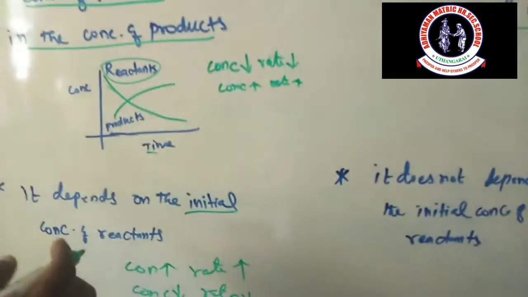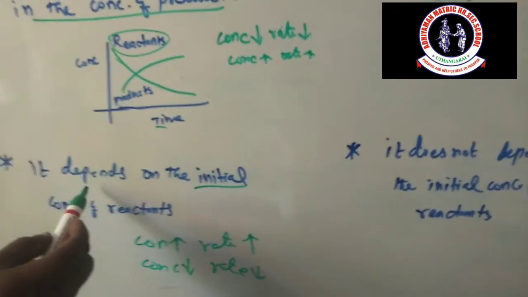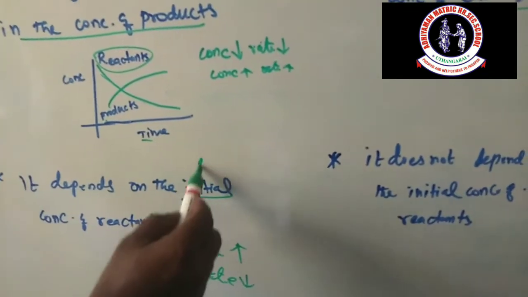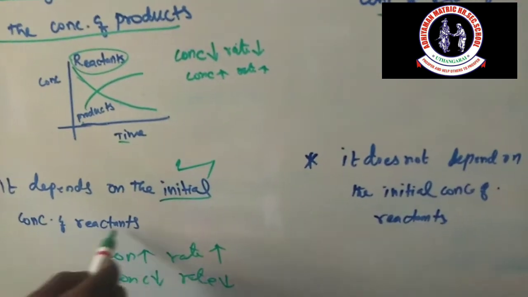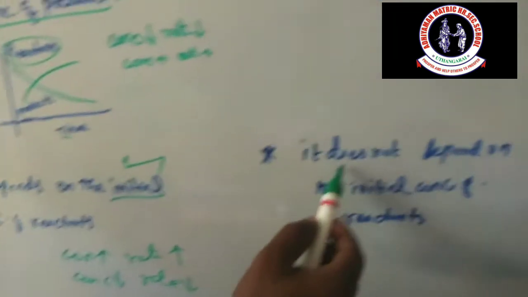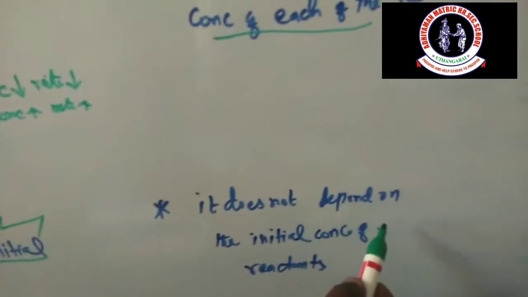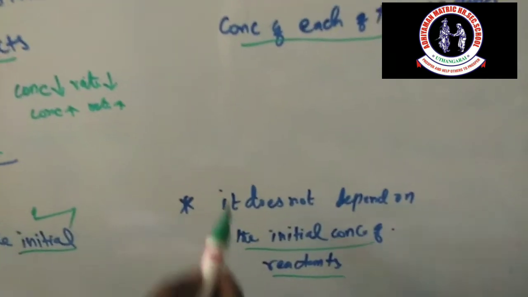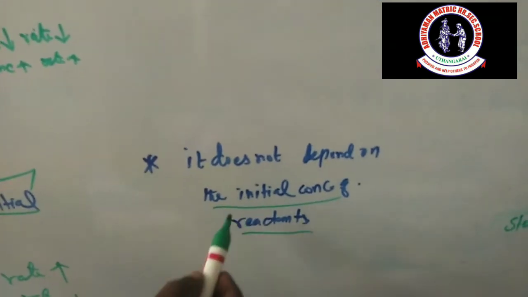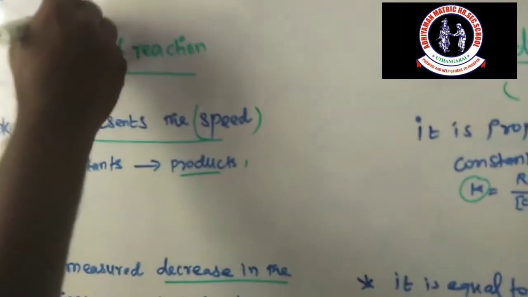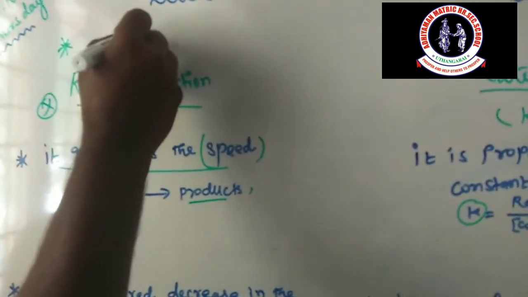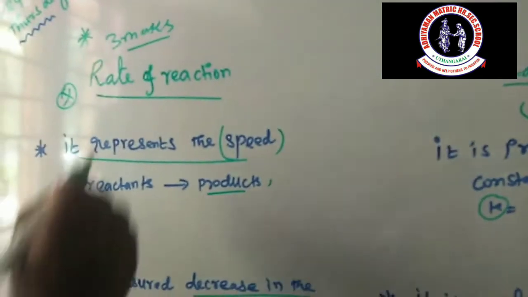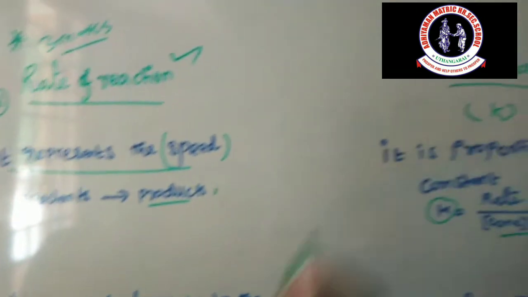But the rate constant does not depend on the initial concentration of the reactant. The rate constant is always independent. Okay students, it's a very important three-mark question: the difference between rate of the reaction and rate constant.